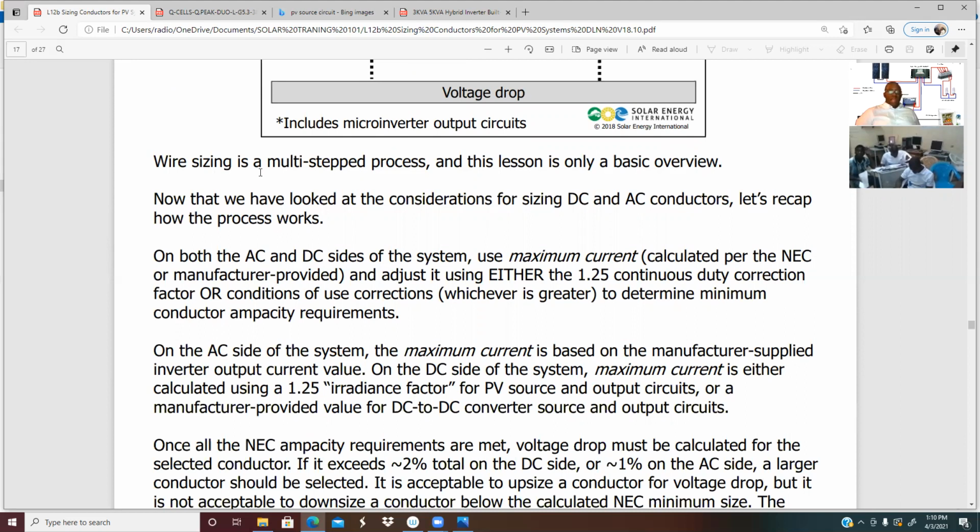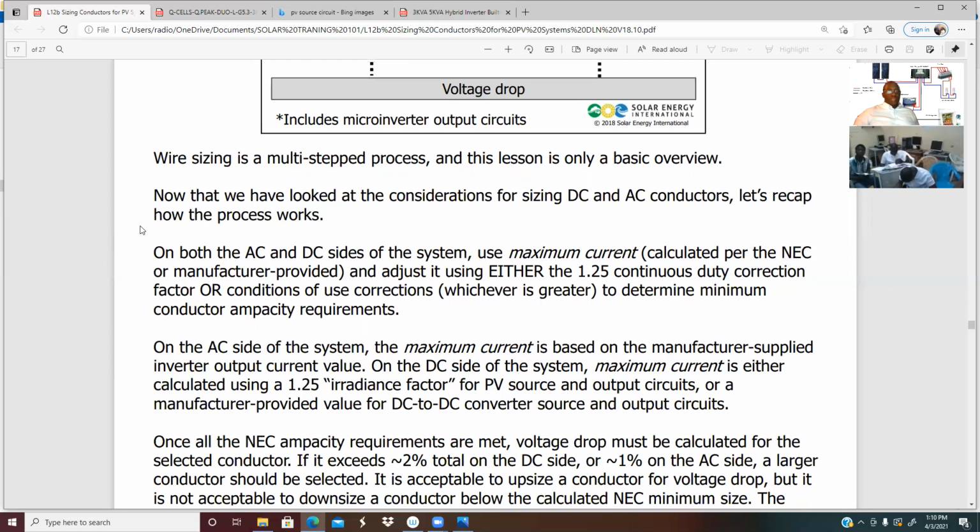Now that we have looked at the considerations for sizing DC and AC conductors, let's recap how the process works. On both the AC and the DC side of the system, use the maximum current calculated per the NEC or manufacturer provided, and adjust it using either the 1.25 continuous duty correction factor or condition of use correction, whichever is greater, to determine the maximum current for the conductor.